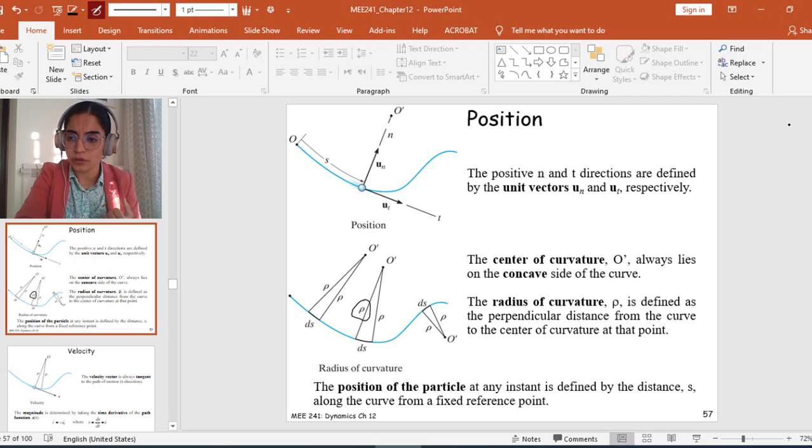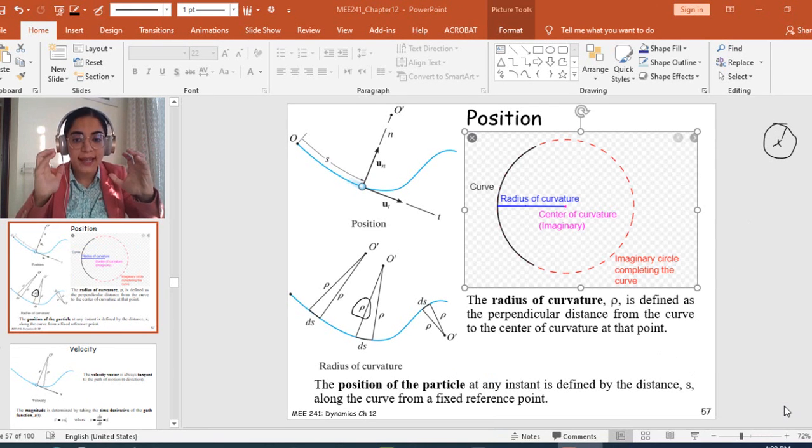So if I have a circle, the radius r is the radius of curvature, right? Since this is a circle, this will be the center and this will be r. In this case, the radius of curvature is the same as the radius of this circle. So what is the radius of curvature?